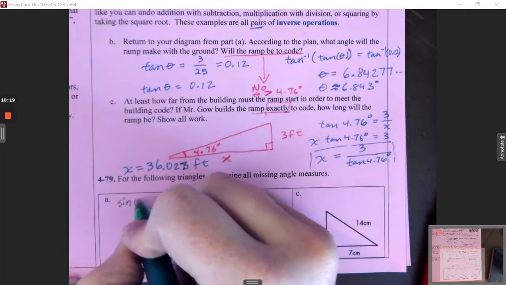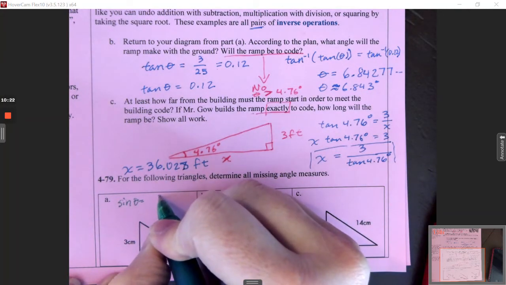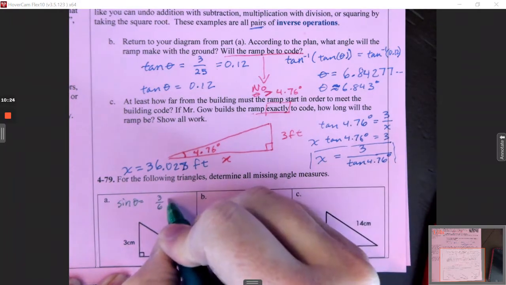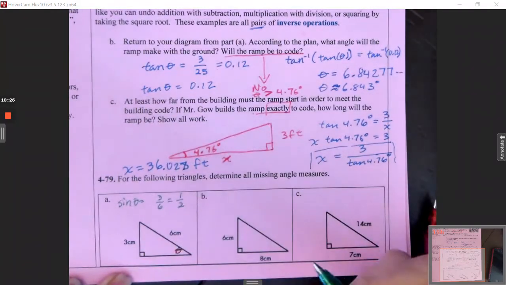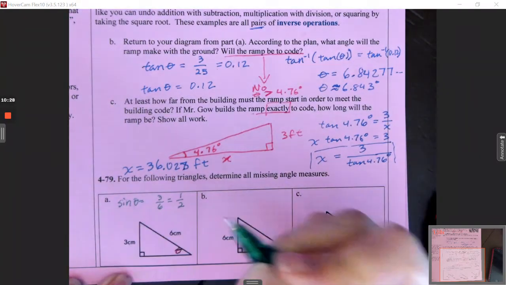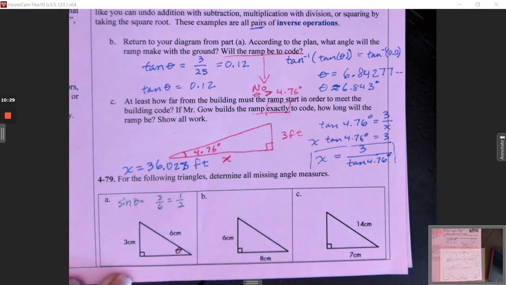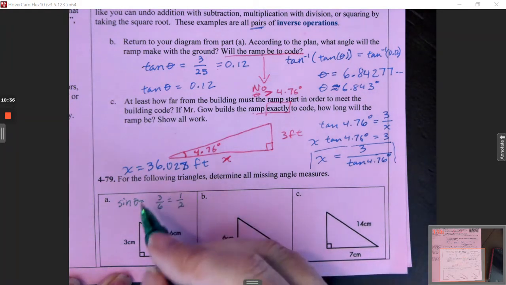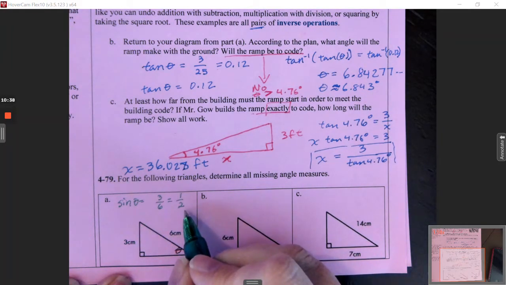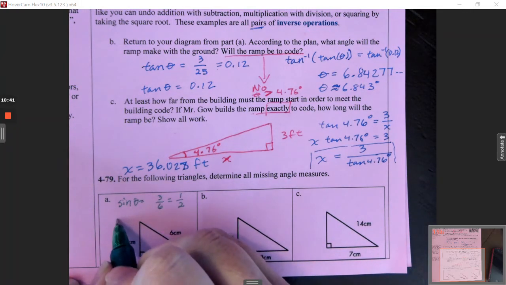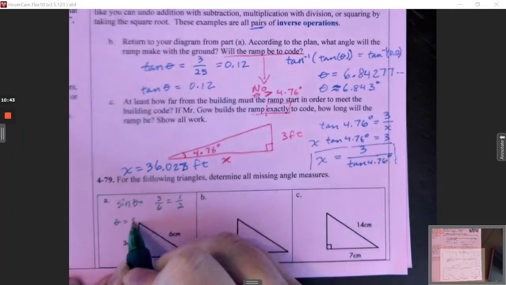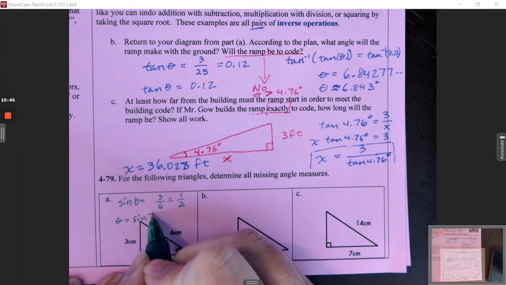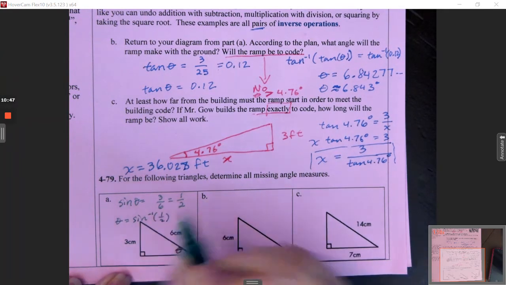I grab my calculator, and sine inverse is a function, then sine inverse of 1/2. And there you go, 30 degrees. Okay, so theta is 30, and since theta is 30, we find our other angle is 60.